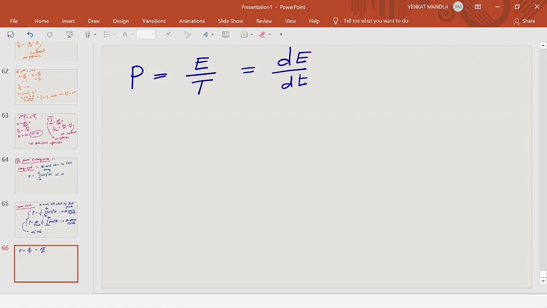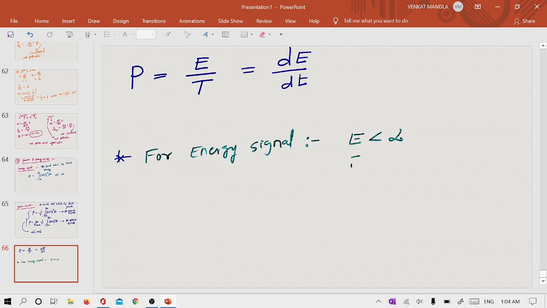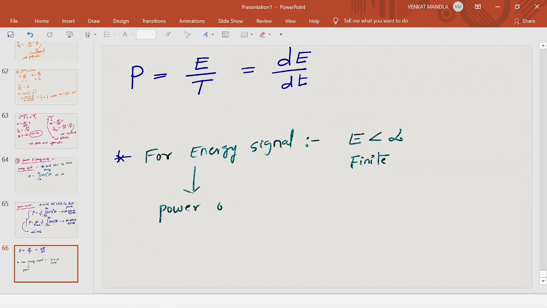Power is related with energy. For an energy signal, energy is less than infinity, some finite value. So I want to calculate the power of an energy signal.